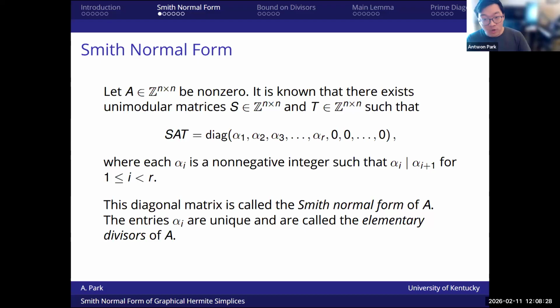But when you do this transformation, you're going to end up getting a diagonal matrix where the alpha i's along the diagonal divide the following term. So alpha i divides alpha i plus 1. This is called the Smith normal form. The alphas are called the elementary divisors of A. Equivalently, they're also called the invariant factors of A.